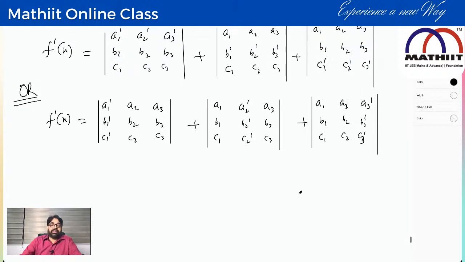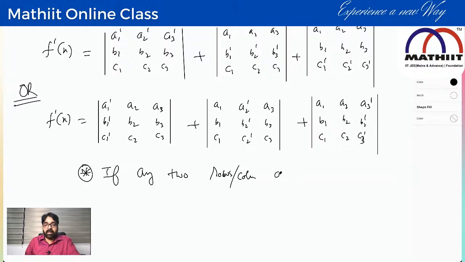Now, some 11th class students are attending the class, so I'm just telling them, for their information, I'm not teaching determinants. If any two rows or columns are identical, then the determinant value will be 0.